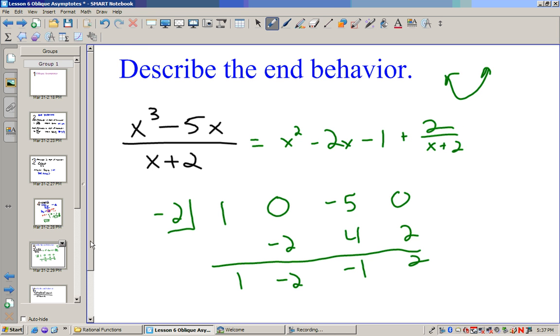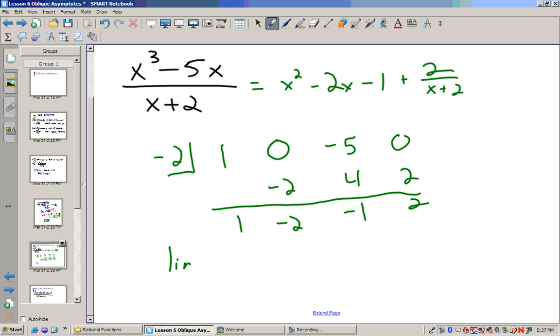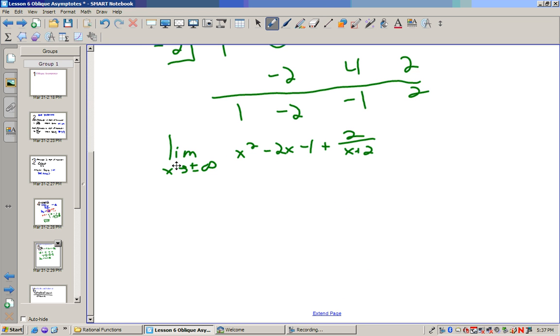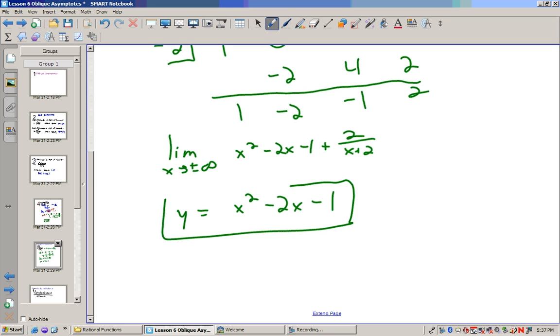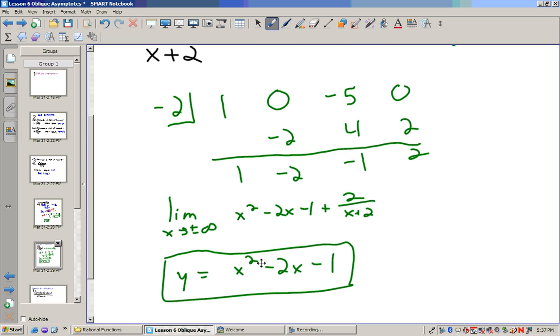Now let's look at the limit as x goes to positive and negative infinity of this. Well, this part is going to go towards 0. So this is going to go towards x squared minus 2x minus 1. So we call this our oblique asymptote. Notice how this isn't a straight line, this is going to be a parabola.